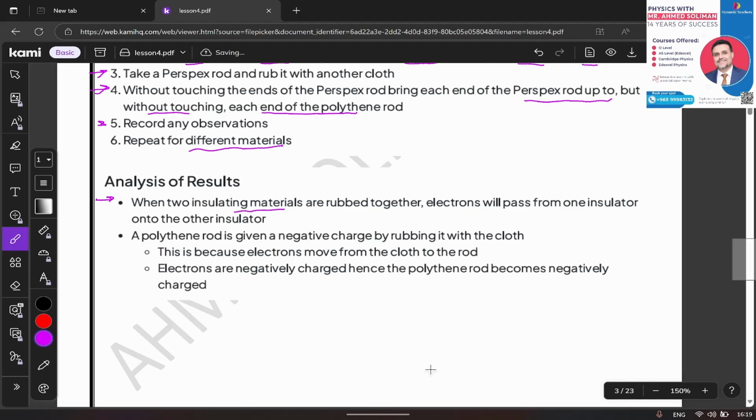When two insulating materials are rubbed together, electrons will pass from one insulator into the other insulator. A polyethylene rod is given a negative charge by rubbing it with the cloth. This is because electrons move from the cloth to the rod. Electrons are negatively charged, hence the polyethylene rod becomes negatively charged.